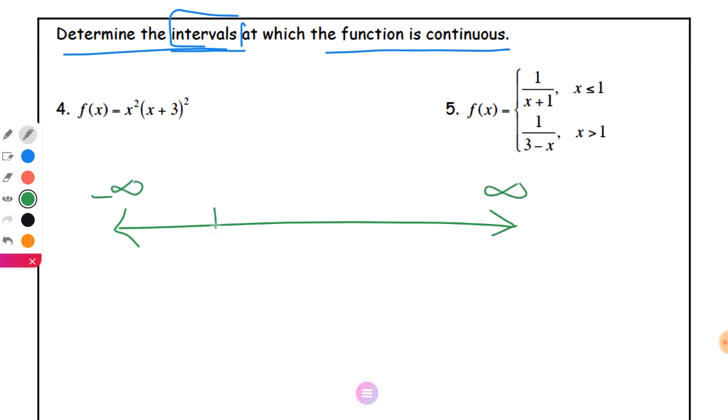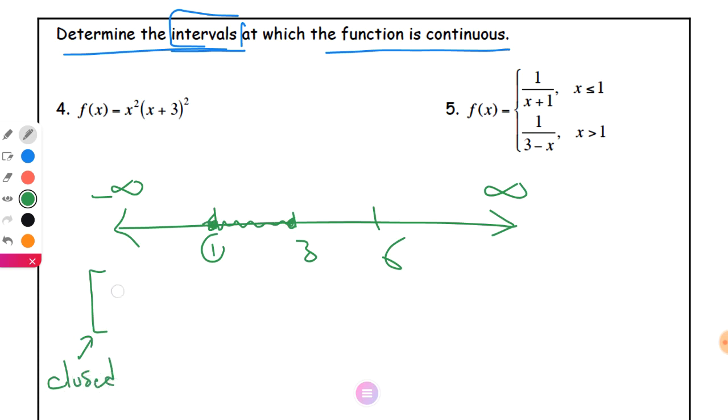Please focus. Here 1, 3, 6. As you know, we have an infinite number of numbers between 1 and 3, so we use an interval. How do we represent all of these numbers between 1 and 3, if 1 is included and 3 is included in my set? This bracket I use means a closed bracket.